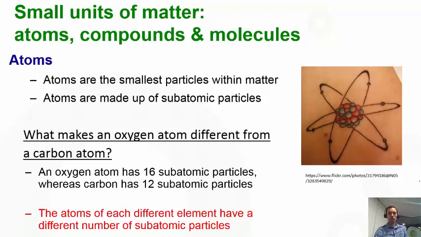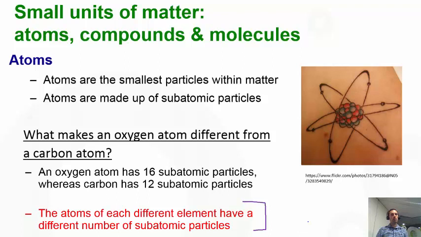And it brings us to an interesting point to remember, and that's here in red: each different atom that's present on the periodic table has a different number of subatomic particles. And it is this that actually allowed us to say, okay, this is a hydrogen atom and this is a carbon atom. The difference between all of the atom types, the elements, is actually how many subatomic particles they have.